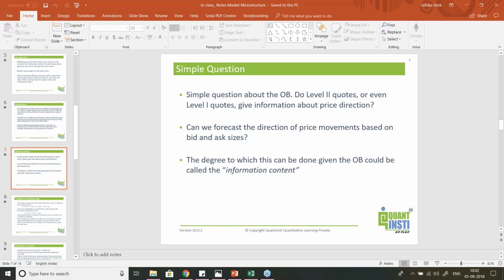In some places you will find two different literature. Whenever there is a small event happening in the market, that is an order getting changed, or one order getting cancelled or removed from the market, or a new order coming into the market, all these are events, and all these can be counted as ticks.